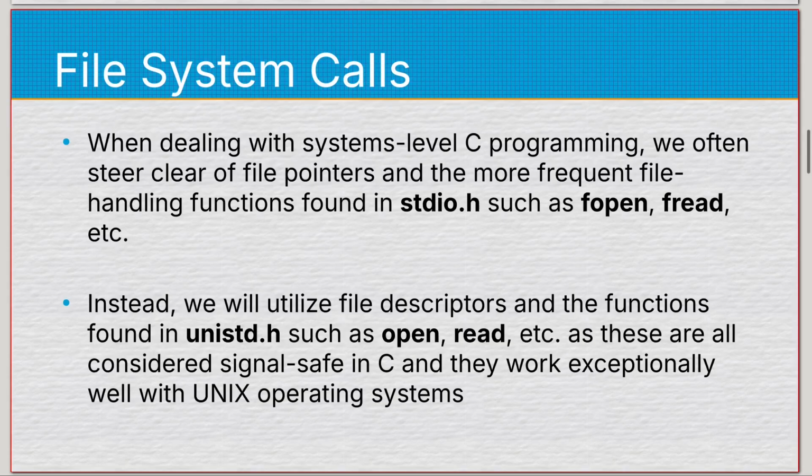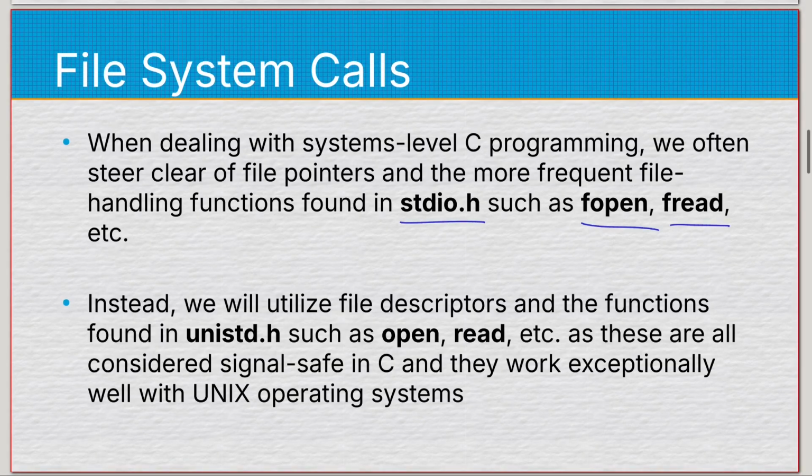Now, file system calls. In this case, this is systems level C programming, and we will often steer clear of file pointers, and of most of the functions you'll see in the standard IO header file, which often use things like fopen, fread, fwrite, etcetera. We're not going to be using those because they are not signal safe functions.